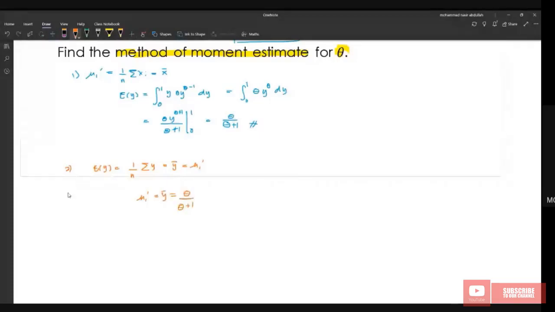So we want to make theta the estimator. So y bar multiplied with theta plus 1 is equal to theta. Theta for this case is not a variable, it's just a parameter.